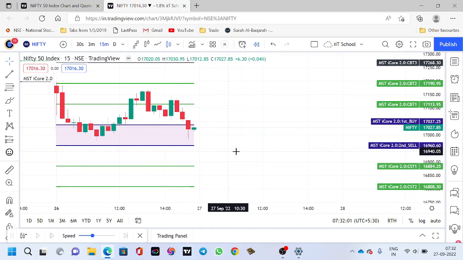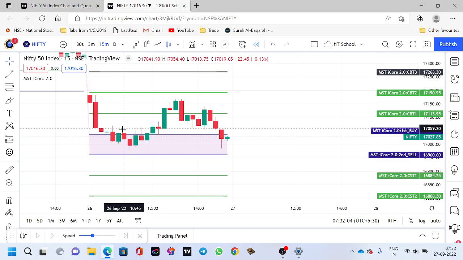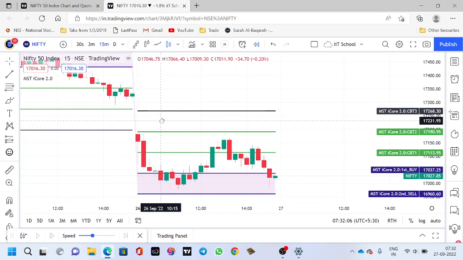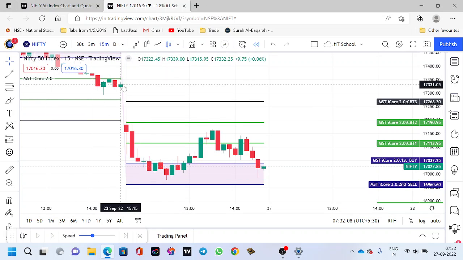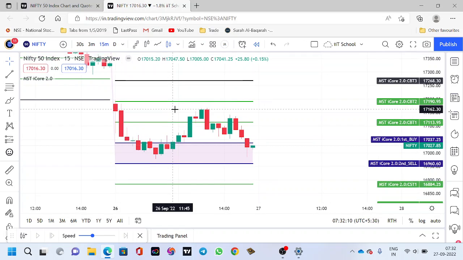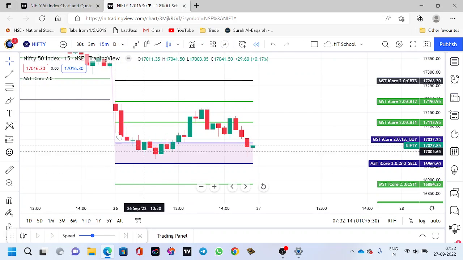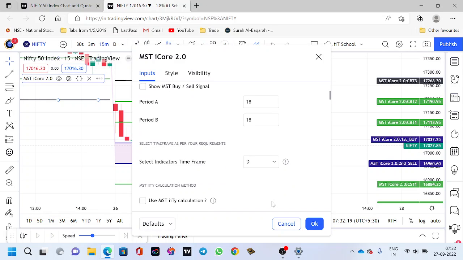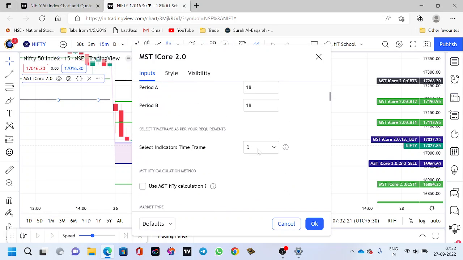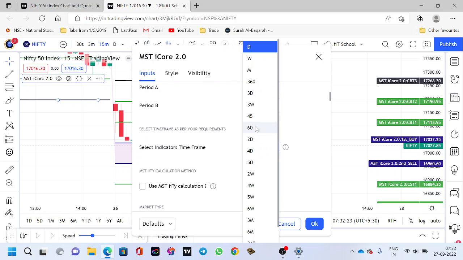Market time got over. Now I will give you one more technique. See, there is a gap down in the market, and also the first candle is a red candle, and the low of that candle is also broken. In such cases, instead of keeping the day time frame, here you can choose 2D.